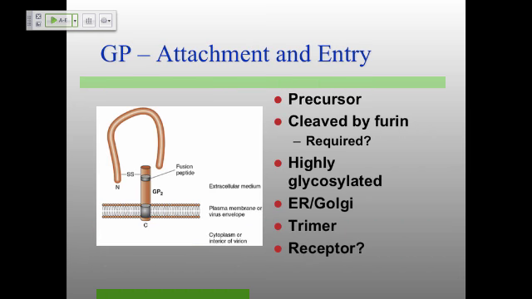How do these guys get in? It's the GP protein. Again, they've all just got different names relative to each other. Basically, almost identical in terms of how they function. All slightly different, however, in terms of how they're put together. So the GP protein, this is practically identical between Marburg and Ebola. Made as a precursor protein. It gets chopped up usually by the furin peptidase, which we talked about when?